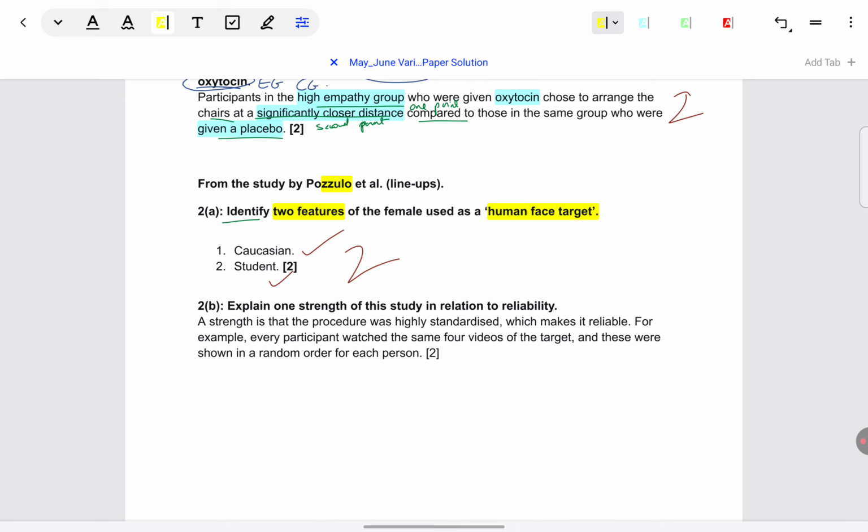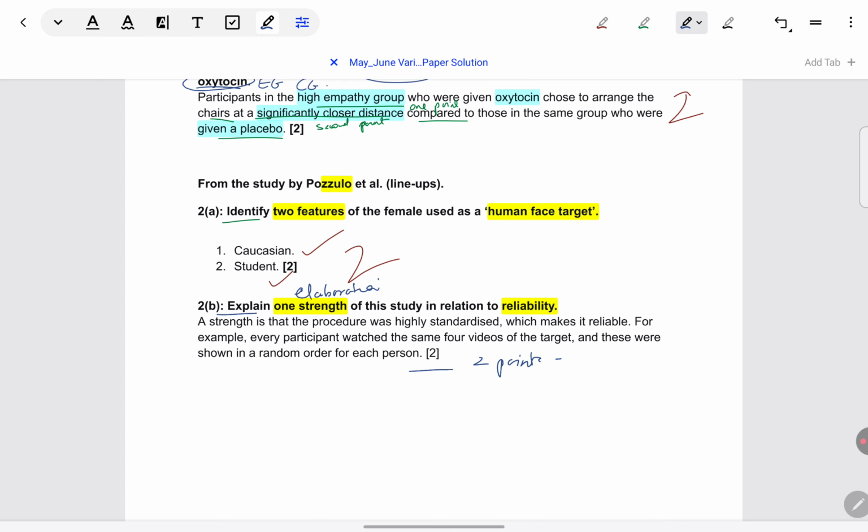Explain one strength of the study in relation to reliability. Explain as a command term definitely requires elaboration, not 1 or 2 word answers, full sentences. Also, 2 marks are awarded, so the same rule, 2 points.